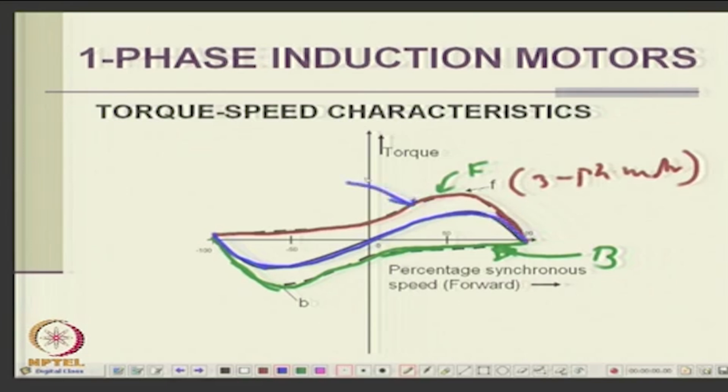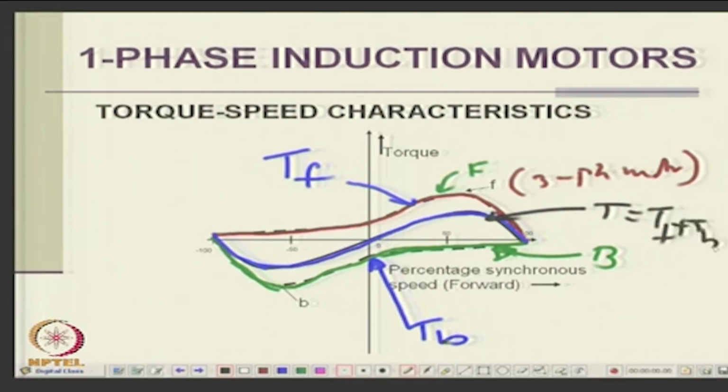So, this was let us say Tf, this was Tb, and this was T. In this case, because I have already written Tb in the negative direction, it is effectively Tf plus Tb, cumulative effect, is it not? At every point you see what the torque is, and normally the forward torque is more than the backward torque at any speed other than the starting.